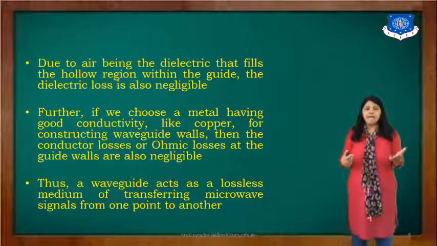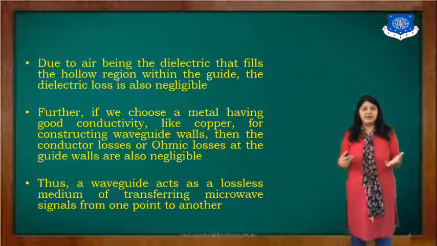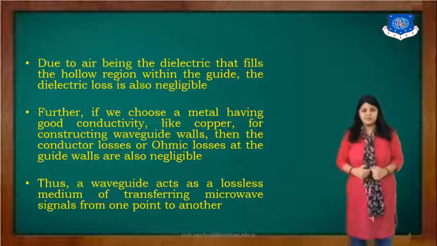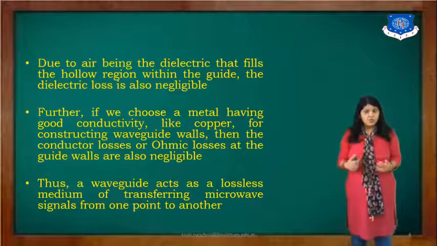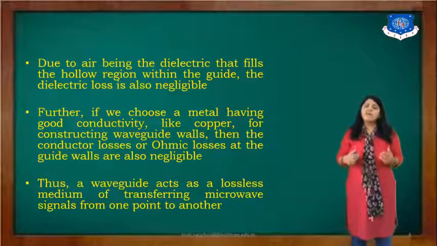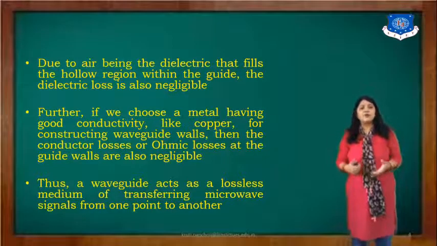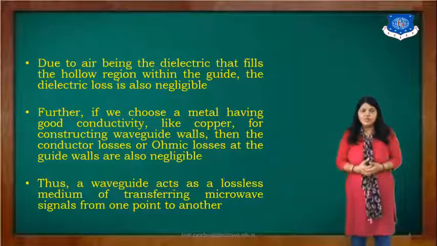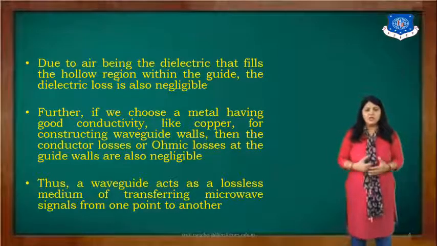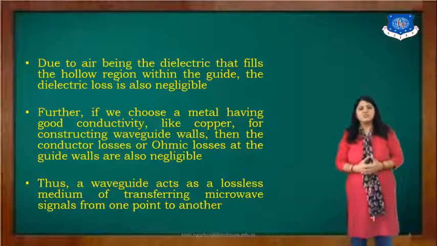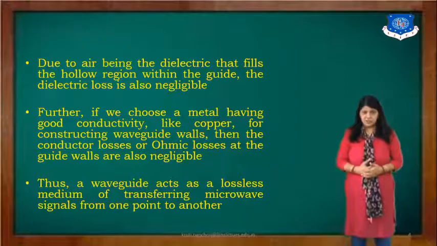Due to the air being the dielectric that fills the hollow region in the guide, the dielectric loss is negligible. If we choose a metal having good conductivity like copper for constructing waveguide walls, then the conductor losses or the ohmic losses at the guide walls are also negligible.